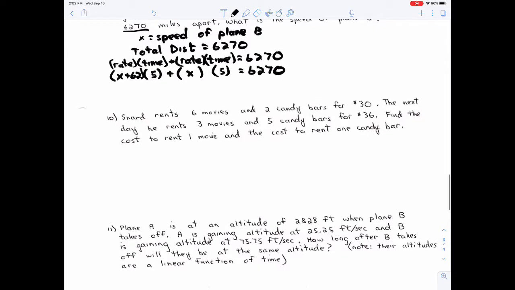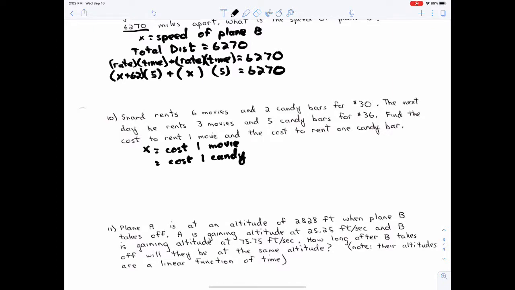But why? Okay, so what are we looking for here? Cost for one movie and cost for one candy bar. Okay. I don't know which one we're going to call X, but I'll say this.